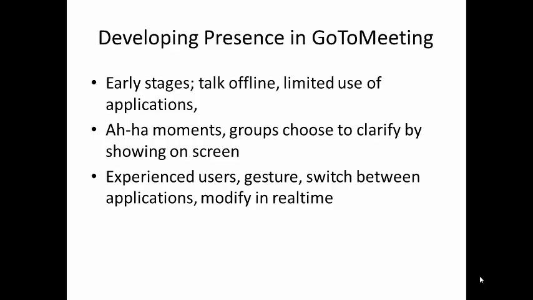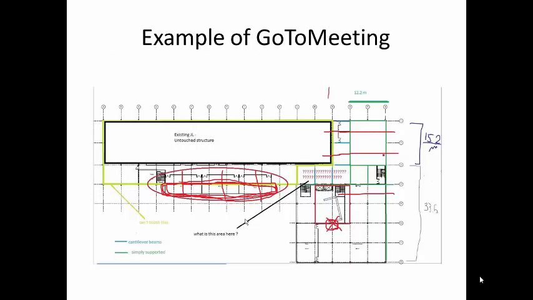Towards the end, experienced users, and I will just click forward a slide here. So this is what's happening with an experienced group, and you can see that they're doodling on the screen. They're actually adding little bits here and there. When they're talking about a particular bit, you can see there's a sort of circle around it.